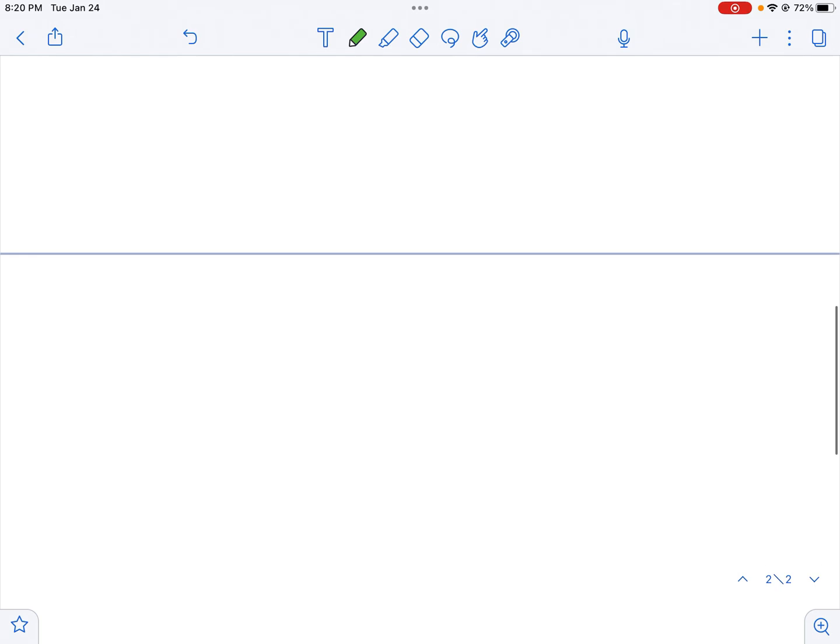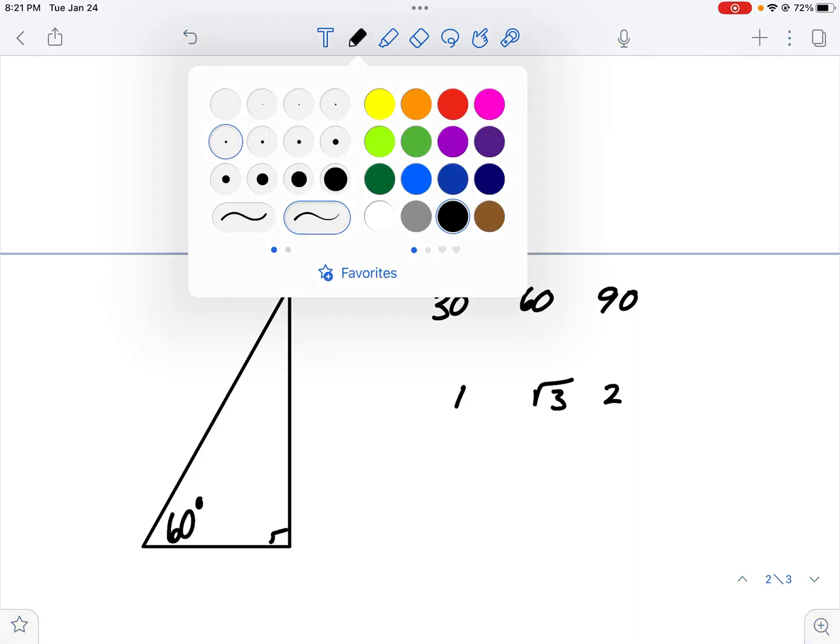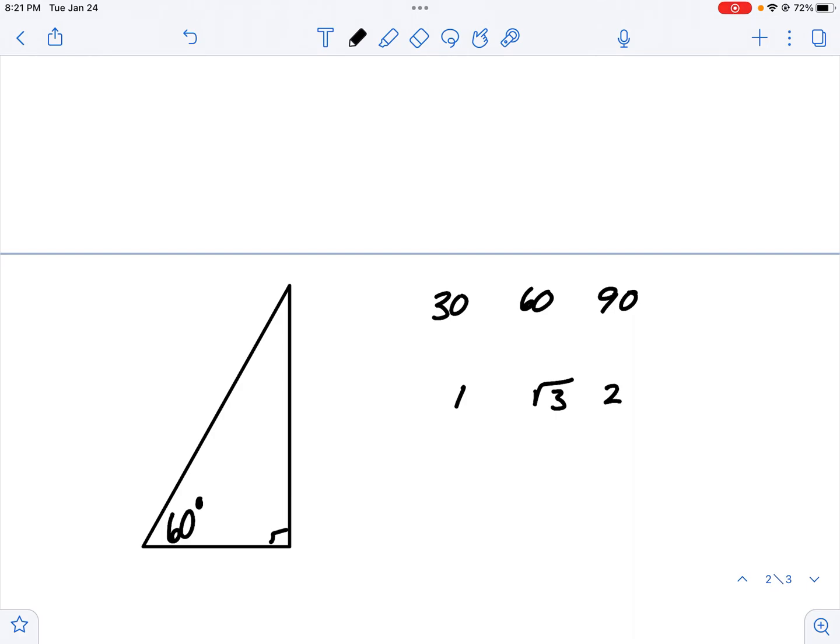So if they give you a 30, 60, 90 triangle, and you know it's a 30, 60, 90 triangle, the relationship is 1, radical 3, 2, meaning the hypotenuse is twice as big as the short leg. And they tell you that this is 15.